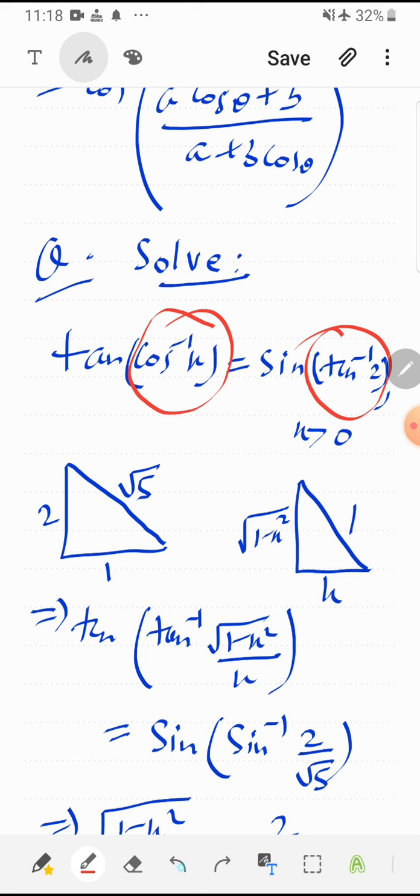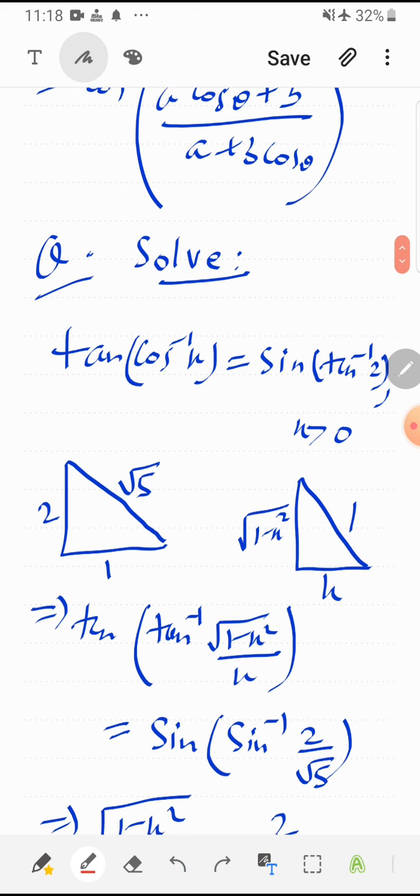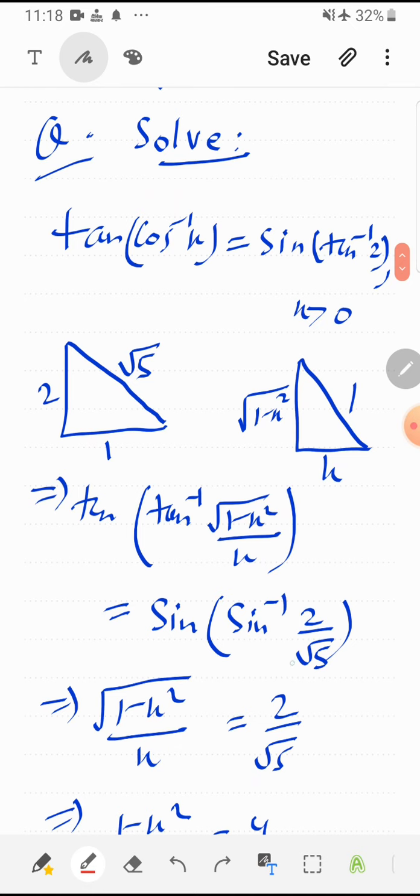After that, sine of sine inverse, now again it is 2 by root 5, p by h. So now tan of tan inverse is there and sine of sine inverse is there, so that we can safely write just the values. So here we are left with this algebraic expression.